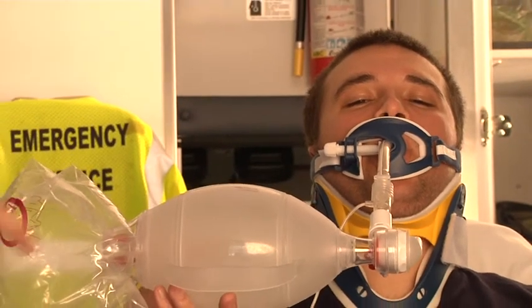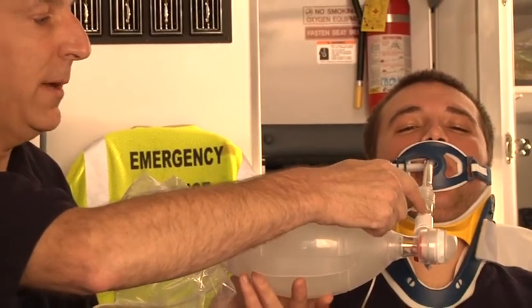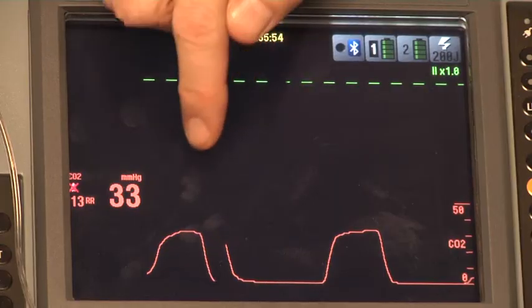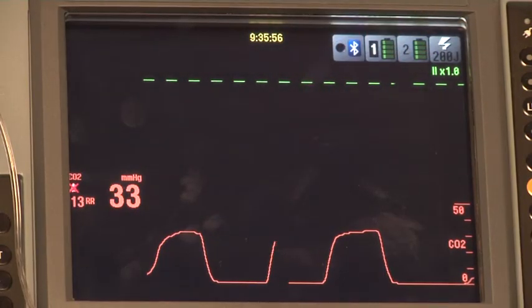Having the adapter in the tube between the bag valve mask and the tube itself allows us to see the waveform and tell whether the tube is actually in the trachea. One of the most common points for a tube to become dislodged is with patient movement.